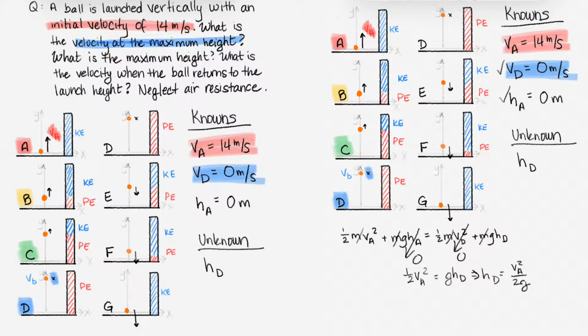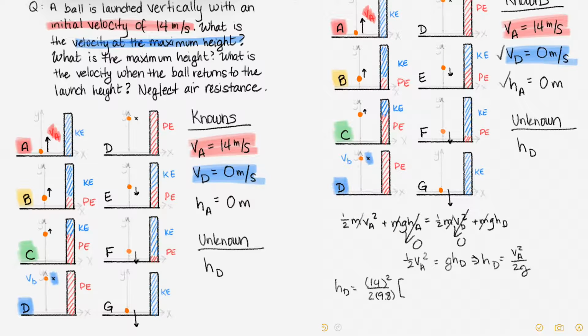Substituting in, we can find that h sub D equals 14 squared divided by 2 times 9.8. And not forgetting the units, we have meters per second squared divided by meters per second squared. It's a bit complicated. That equals 196 divided by 19.6.